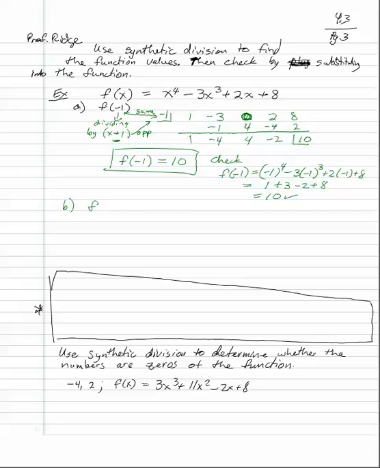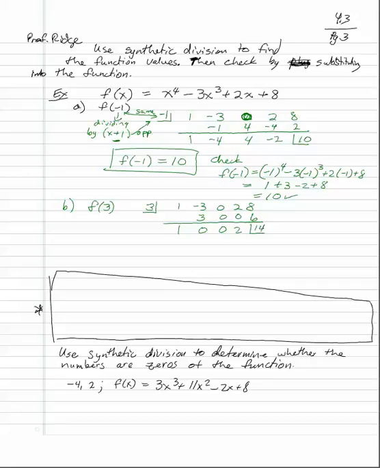Let's try f of 3. So again, I'm going to do 3, 1, negative 3, 0, 2, 8. One times 3 is 3. That gets me 0. 3 times 0 is 0. 3 times 0 is 0. That's 2. 6.